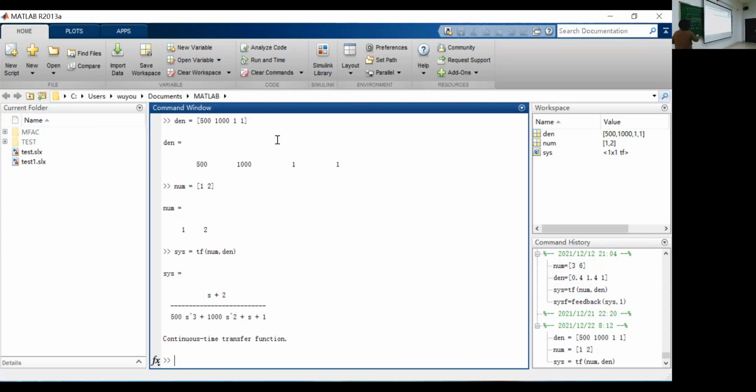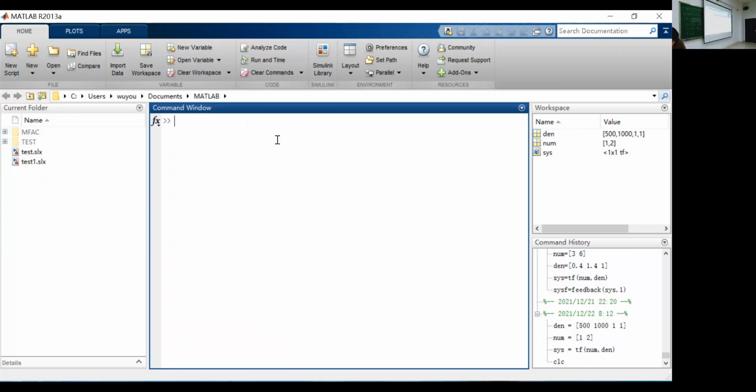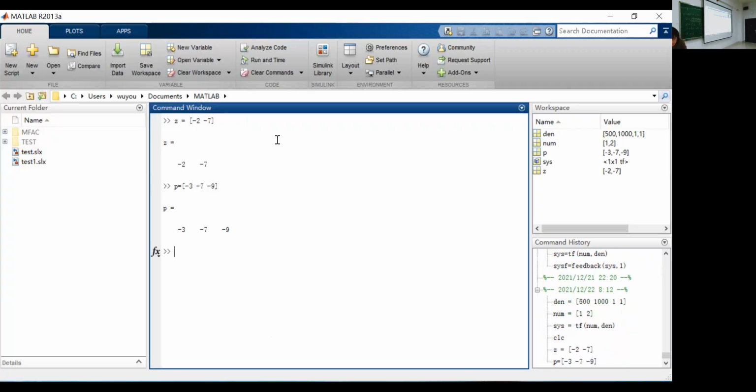And still, we can name the system. Let's try this. Here is a quick code to clean up the command window. Okay, Z equals -2, -7. Okay, we have 2 zeros. And how about P? -3, -7, -9, right? Okay.